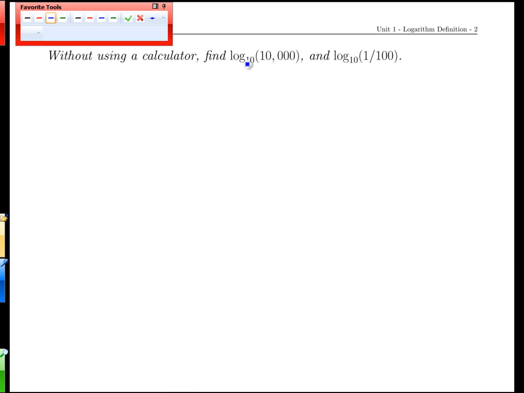Let's take an example like log base 10, very common in the sciences, of these various different values. Let's say our unknown value for the first one is log base 10 of 10,000. That's going to be equivalent to the statement that 10 to the x is going to equal 10,000.